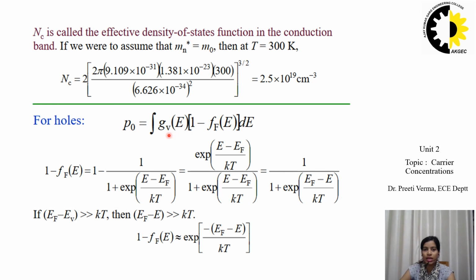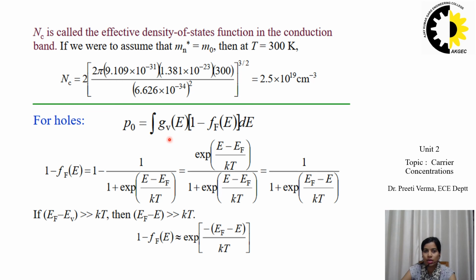So for that we need the density of states of the valence band, represented by GVE, multiplied by the probability of finding a hole. So the probability of finding a hole will be 1 minus the probability of finding an electron. So now simplifying this and taking the same Boltzmann approximation, EF minus EV much greater than KT, this term comes out to be exponential minus EF minus E by KT.